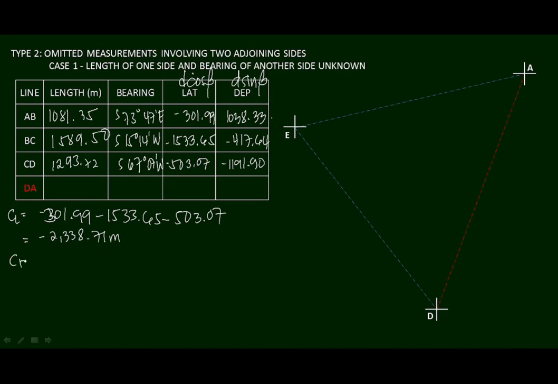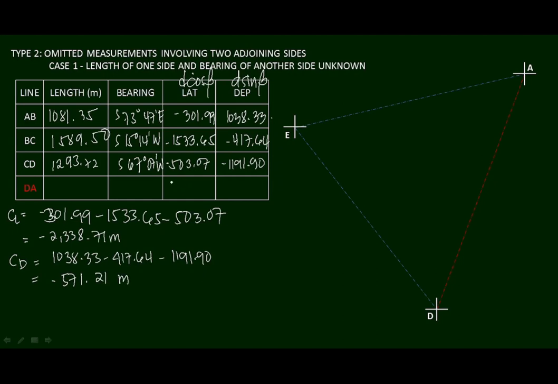For the correction in the departure, that is 1,038.33 minus 417.64 minus 1,191.9. What will come out on my calculator is negative 571.21 meters.